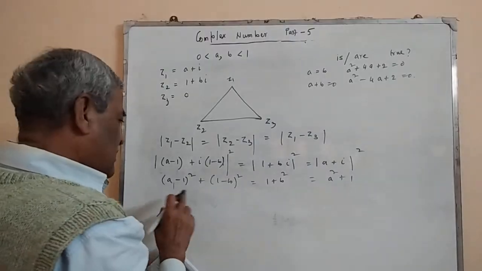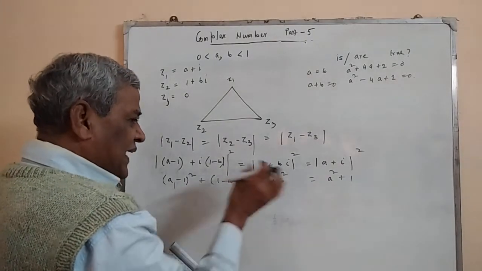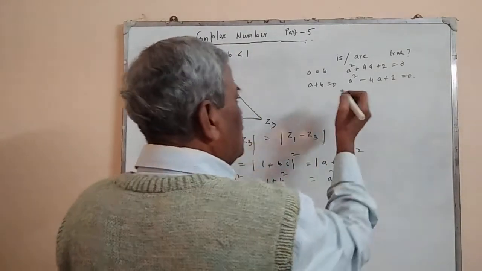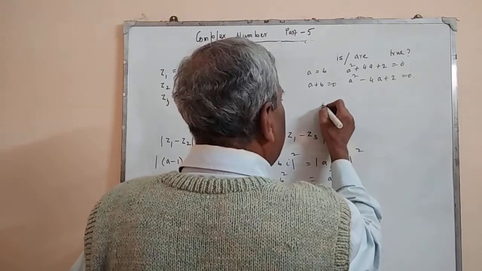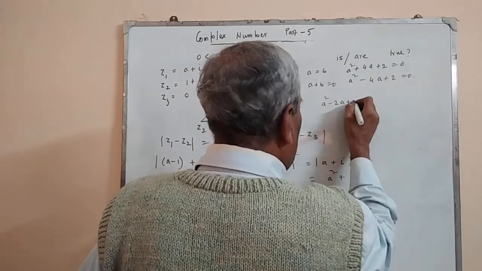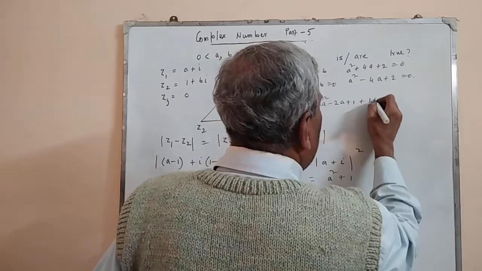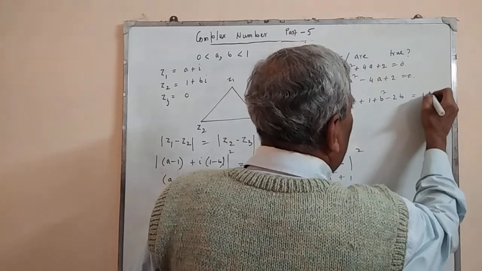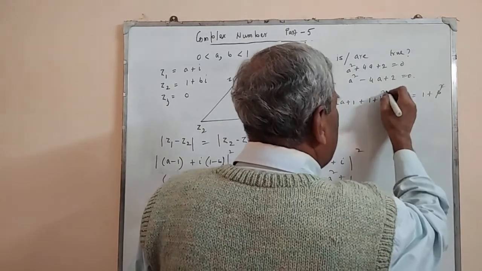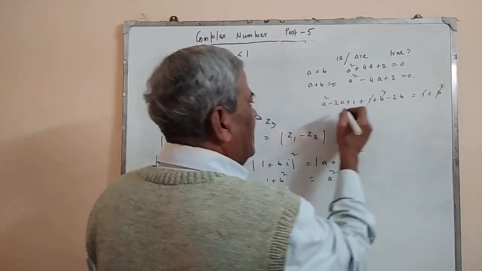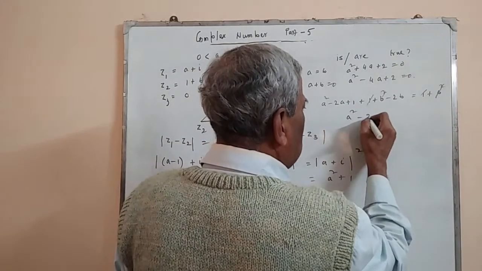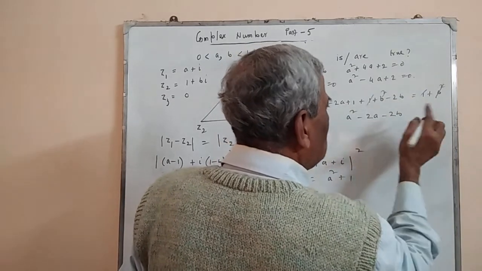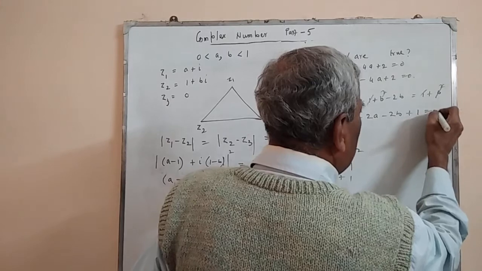Now considering first and second, this equals that. A minus 1 whole square means A square minus 2A plus 1, plus 1 plus B square minus 2B is equal to 1 plus B square. B square cancels, 1 cancels. So we get A square minus 2A minus 2B plus 1 is equal to 0.